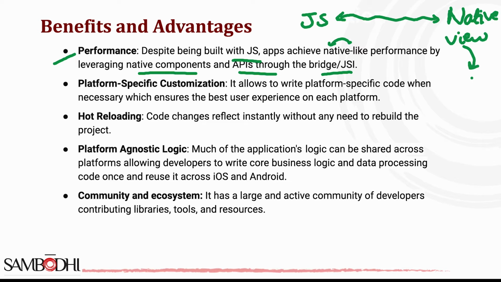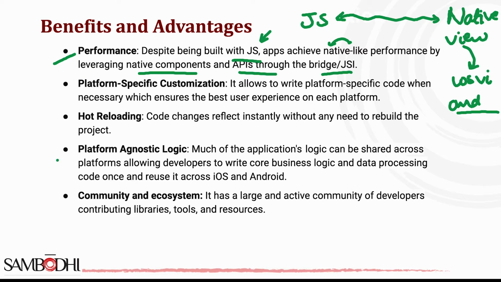It will go to the native side and check whatever the corresponding component is available for it, if it is for iOS or if it is for Android, it will search for the corresponding component and load that particular native component into the UI so that the apps look clean, efficient, smooth. So that's how the app feels native-like, even though it is built using JavaScript, or we can say built using React Native.